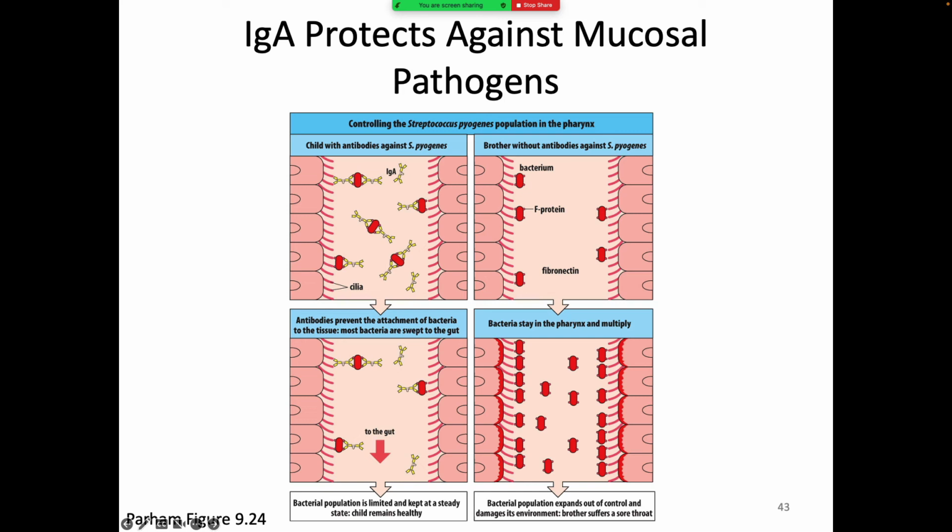So we can, in fact, block infection in a lot of ways with this mucosal IgA instead of waiting for the microbe to get into the blood where the rest of the antibodies are found. So it's kind of a nice early system. It's actually part of what makes the barrier organs barriers. And may be important for preventing disease.